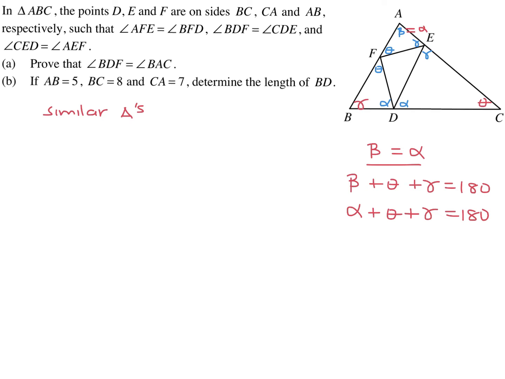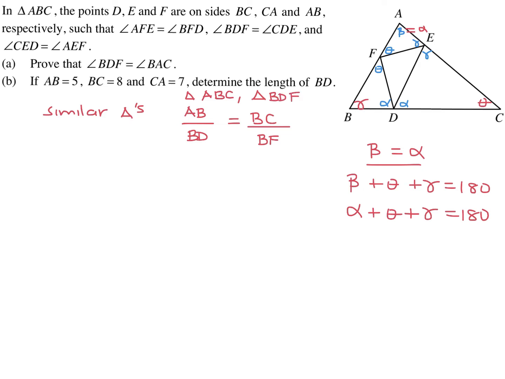First is going to be AB over BD is equal to BC over BF. So that's a relationship between the triangles ABC and BDF, right?